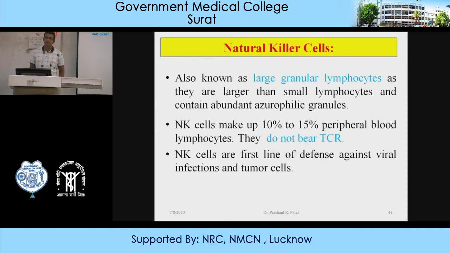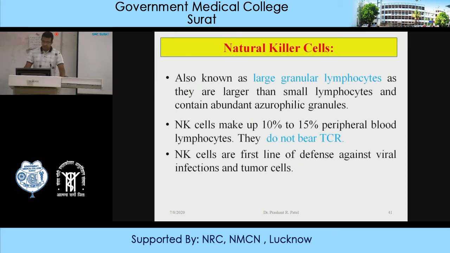Natural killer cell. It is also known as a large granular lymphocyte because it contains large granules in the cytoplasm. These NK cells make up 10 to 15% of peripheral blood lymphocytes, and they do not have any T cell receptor. Instead of T cell receptor, they have activating as well as inhibitory receptors.